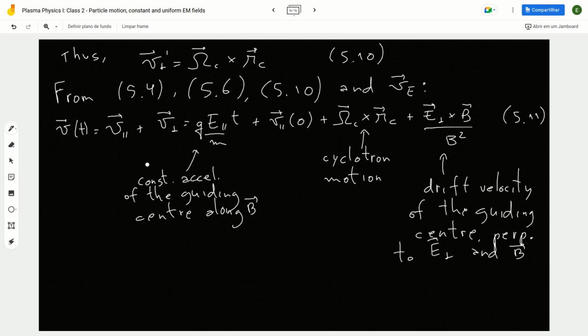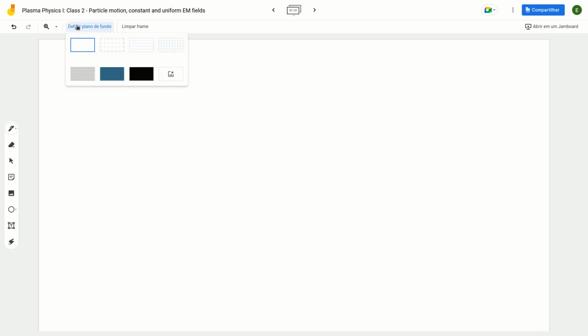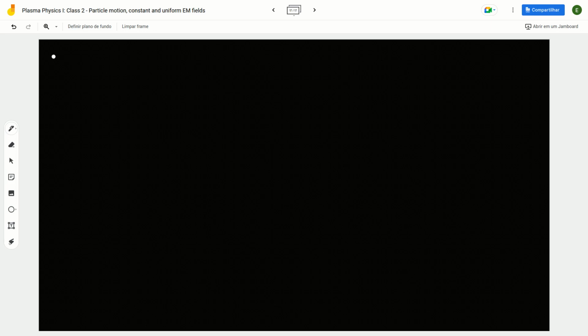So how can we draw this motion in some easy way? We're trying to see what's happening with the charge. We have this term, which is the acceleration in the B direction, cyclotron motion plus drift. So what happens? First, VE is independent of mass and charge.